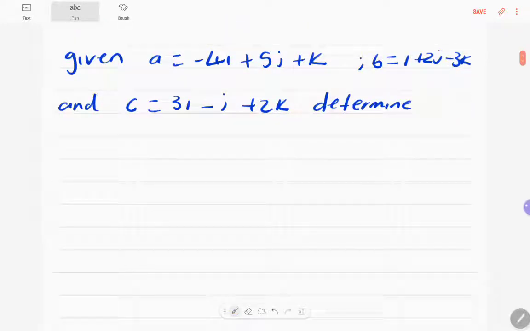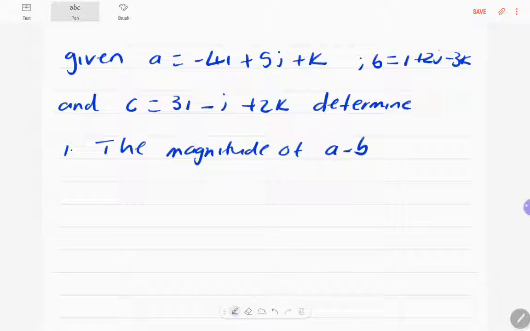Determine number 1, the magnitude of A minus B. You can try this on your own. How can you find the magnitude?